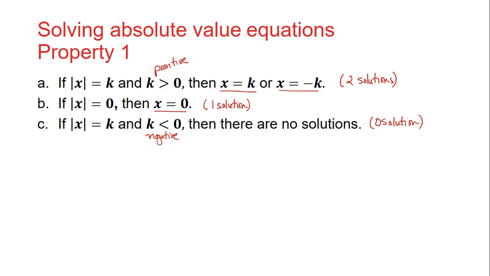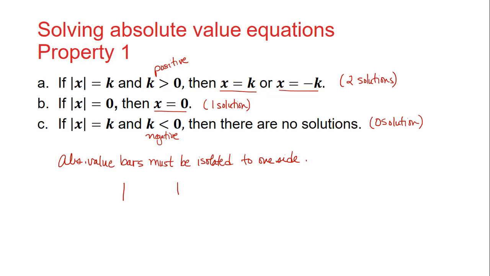Now the other big part about this property, which is implied, is that the absolute value bars must be isolated to one side. In the text, I relate this to a field goal, the goal post on a football field.